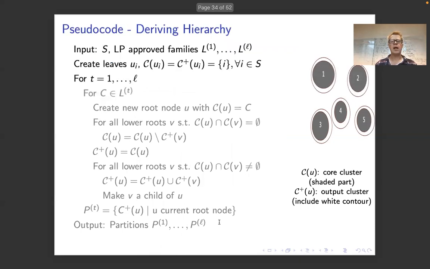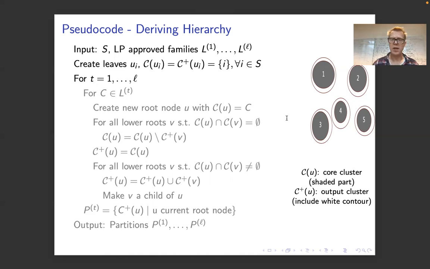Now we look at how we take these LP approved families of partitions and turn them into a hierarchy. So what's a hierarchy? A hierarchy is just a rooted tree, and the leaves are going to be the species. For every node in this rooted tree, we'll have two kinds of clusters: a core cluster, which is shown as a shaded part, and an output cluster, which is somewhat bigger, but never smaller.